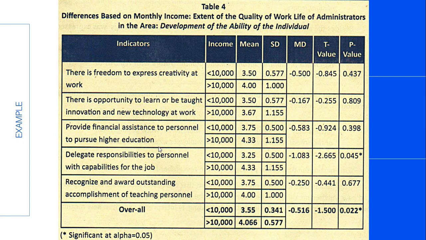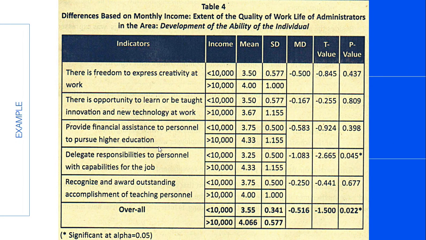As gleaned from the table, there is a significant difference in the assessment between two groups of administrators: those who have a monthly income of more than 10,000 baht per month and those who have less than or equal to 10,000 baht per month.